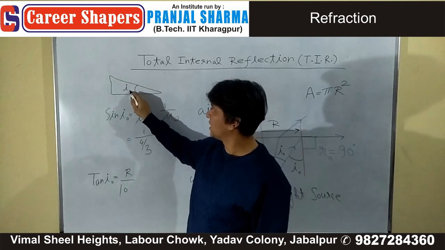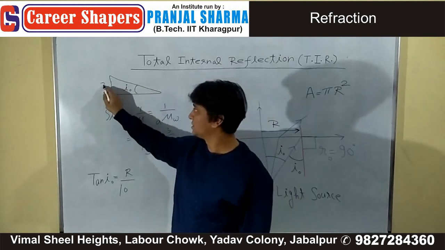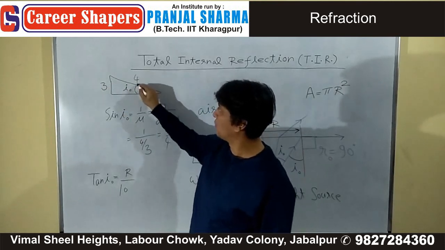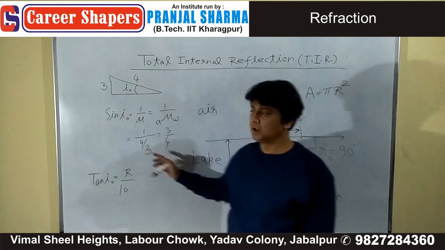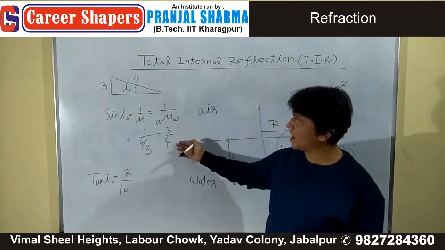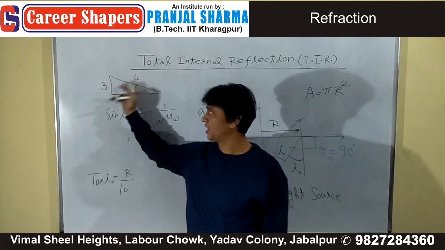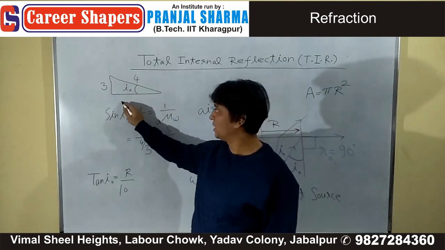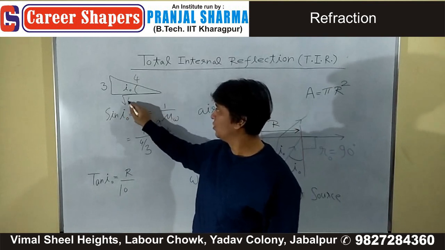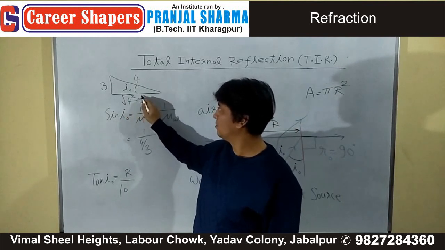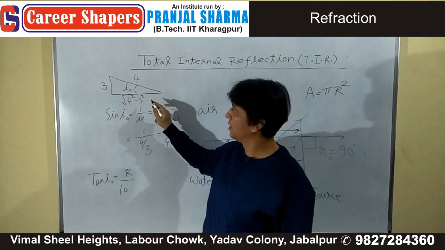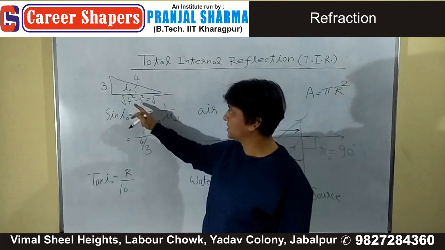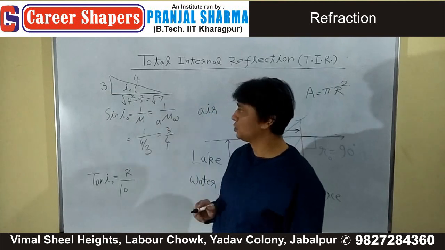Say this angle is I naught. Then if this is 3, then this is 4. What is sine theta? P upon h, perpendicular upon hypotenuse, and therefore this is 3 upon 4. If this is 4 and this is 3, base is what? 4 square minus 3 square, which is coming 16 minus 9, root 7.